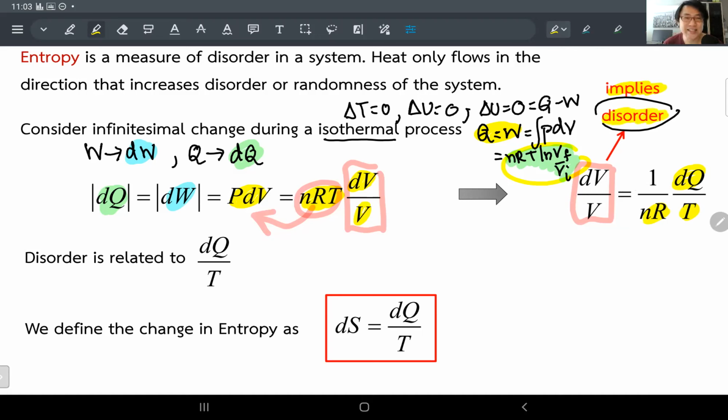You guys confused? What does it mean, disorderness? When you have dV over V, what do you mean by disorder? Think of a playground with kids running around crazy, and you are the parent.